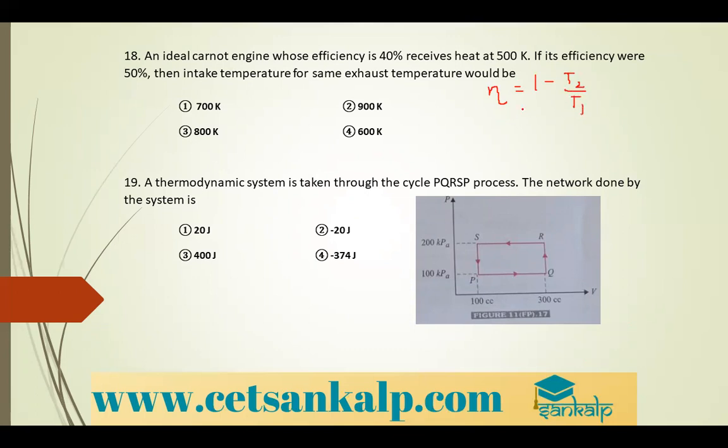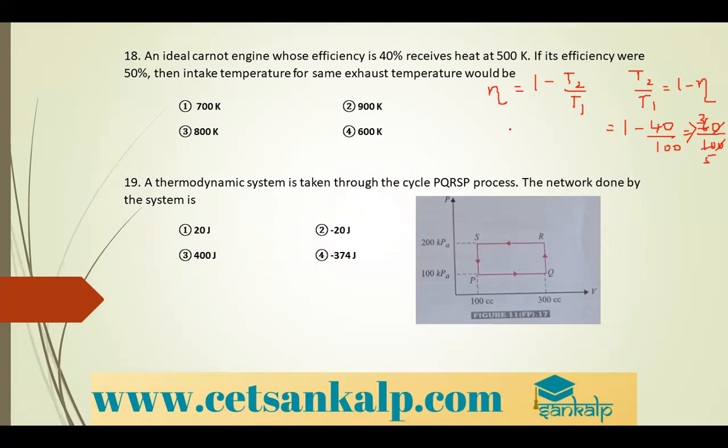I can rearrange this and write T2 by T1 is equal to 1 minus eta. So it is 1 minus 40 by 100, that is 100 minus 40 is 60, so 3 by 5.